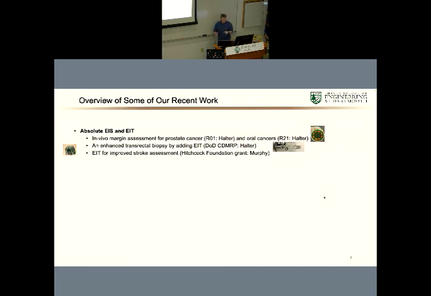That's the absolute sense. Some of the projects we have going on include an in vivo margin assessment probe: we have an R01 right now for prostate cancer, and an R21 going on for oral cancer.